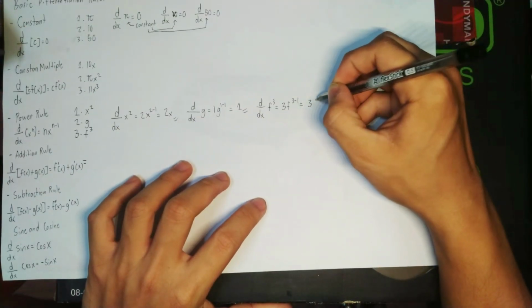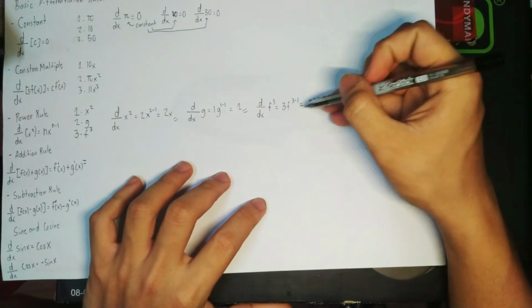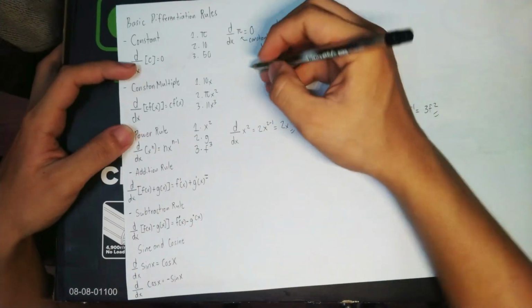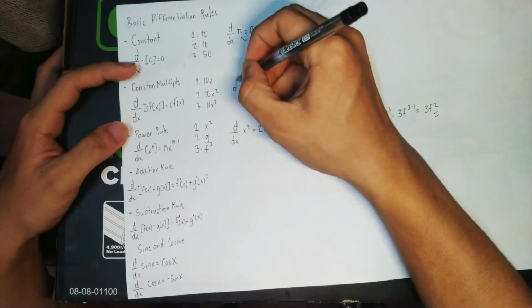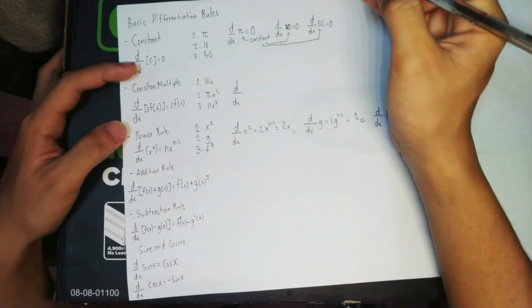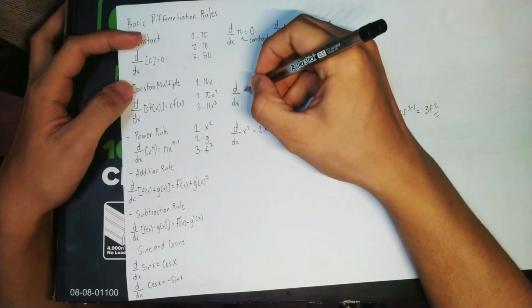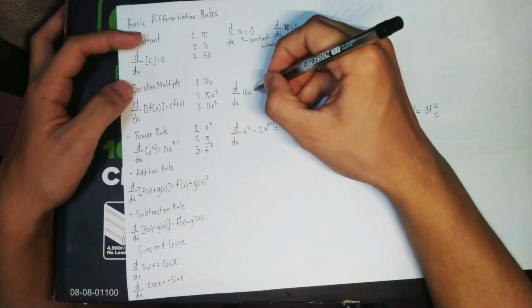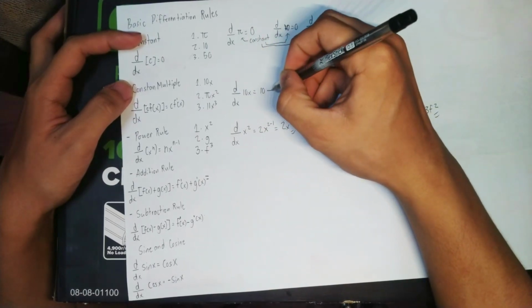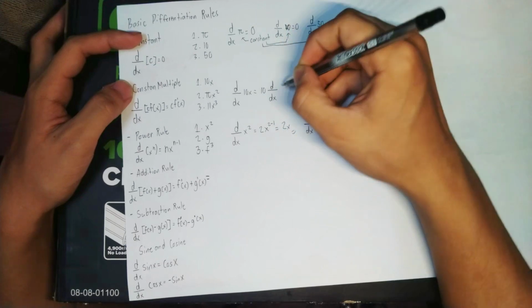Hence, the g gets removed too, because g raised to 0 is 1. So there's only 1 left. And now for the f, the derivative of f cubed is equal to 3f raised to 3 minus 1, or 3f squared.